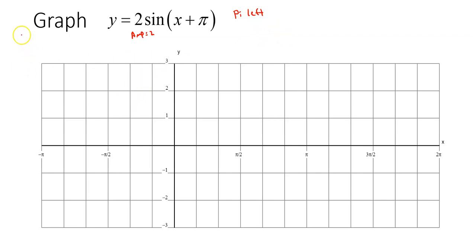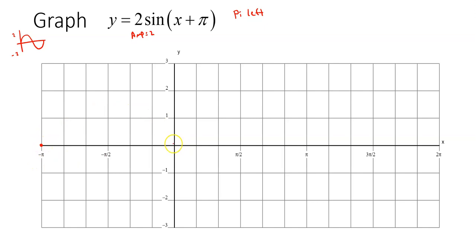So normally, what does a sine curve do? Normally, it starts at 0, 0. It goes up, down, and back up again. So with an amplitude of 2, now it's going to go from -2 to 2 instead of from -1 to 1. Shifting it pi units to the left means now it's going to start here.